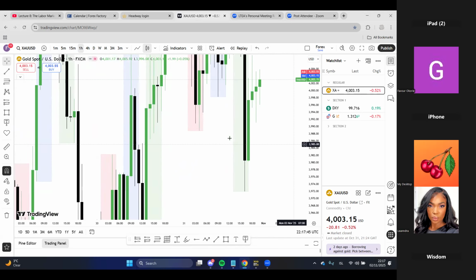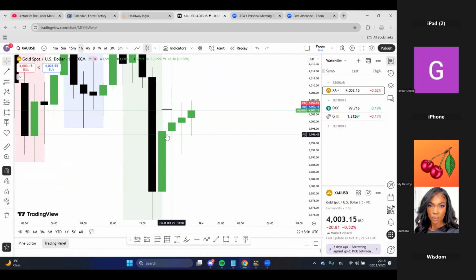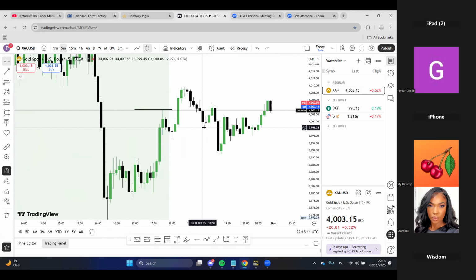It's very important for you to know when to take your profit, because your target should be some kind of fair value gap, order block, or highs and lows. Now, we took out this high with this candlestick right here. If I'm just trading this candle, it was almost closing before we took the high anyway.